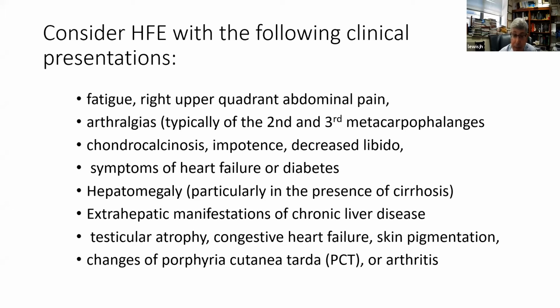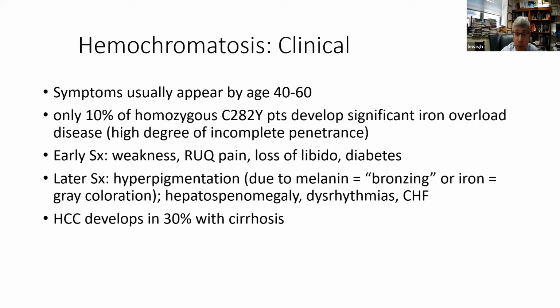Obviously, diabetes, heart failure due to cardiomyopathy, testicular atrophy, the bronzing of the skin. In the old times, it was called the bronze diabetes condition. All of these could be clues that hemochromatosis is present.